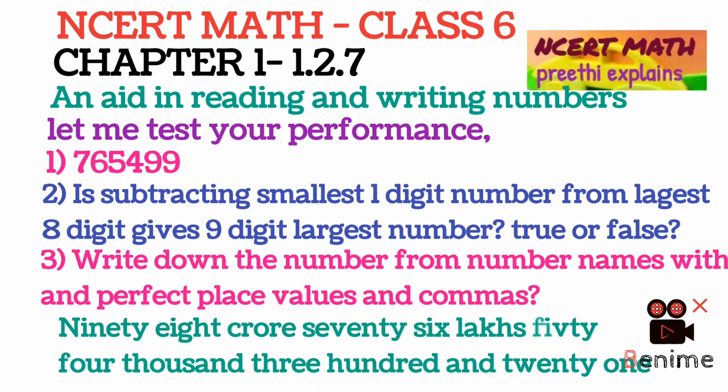Next, the third question is 98 crore 76 lakhs 54,321, which is nothing but 987654321. You have to make the correct commas. The last 321 is the ones, tens, and hundreds. Have a comma before 3.